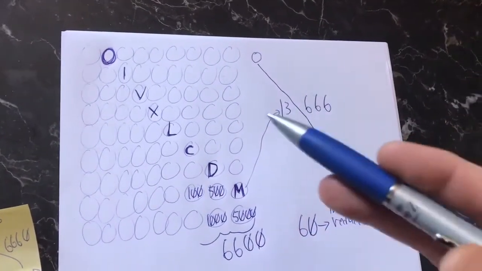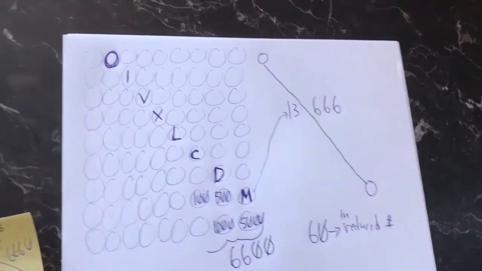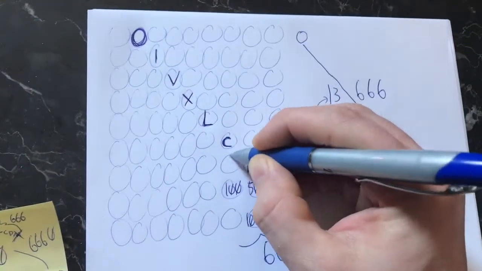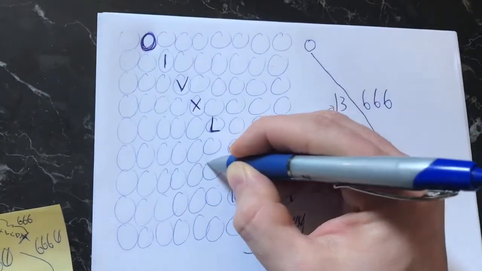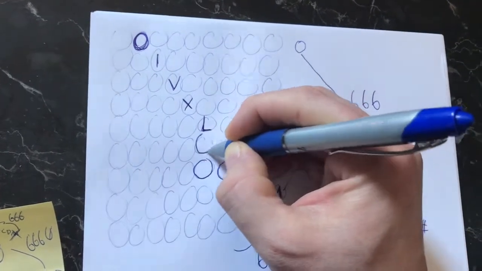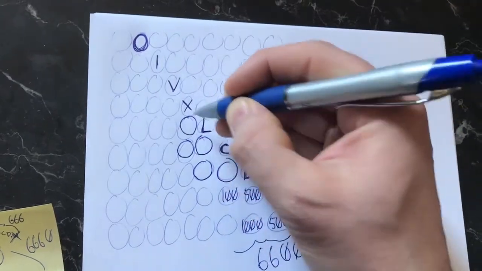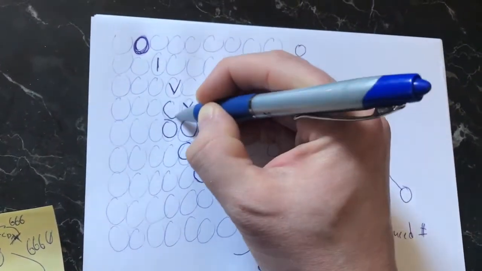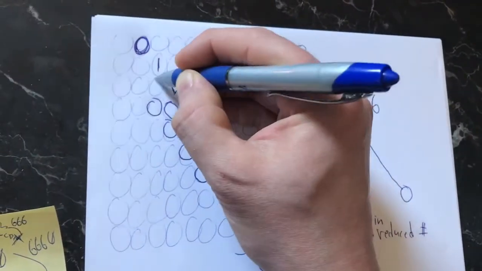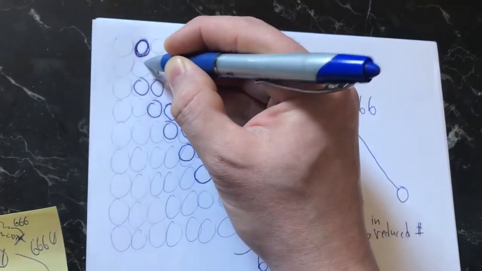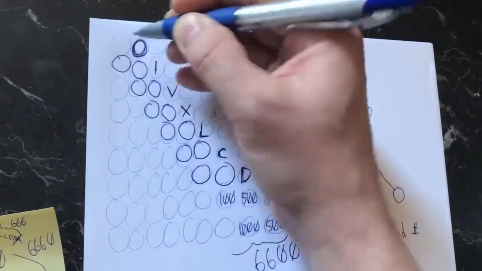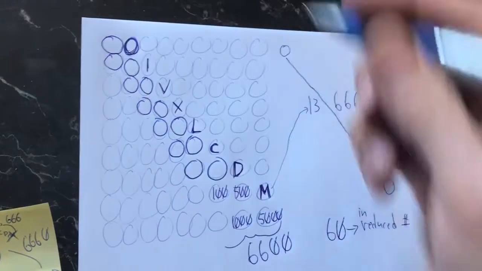So let's take the next 13 cells that I said, and let's just reduce them. So that would be 1, 2, 3, 4, 5, 6, 7, 8, 9, 10, 11, 12, 13.